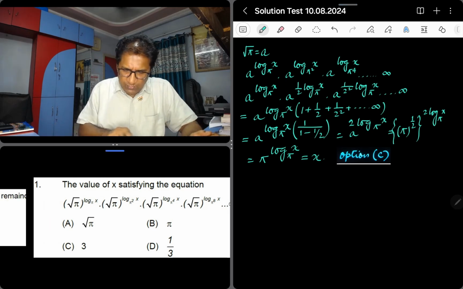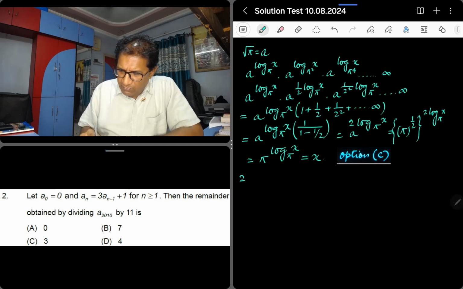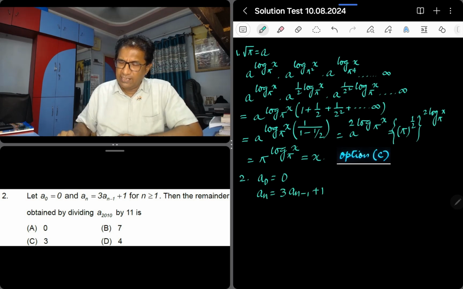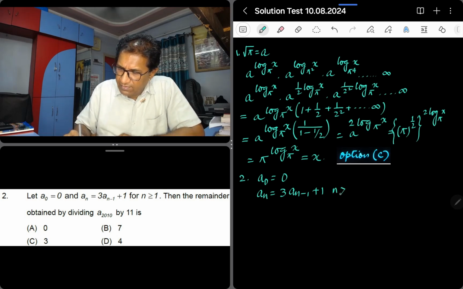Okay, let us move for the next one. The second question is: A0 is 0 and AN is, this relation is given and it has been said that N is greater than equals to 1.